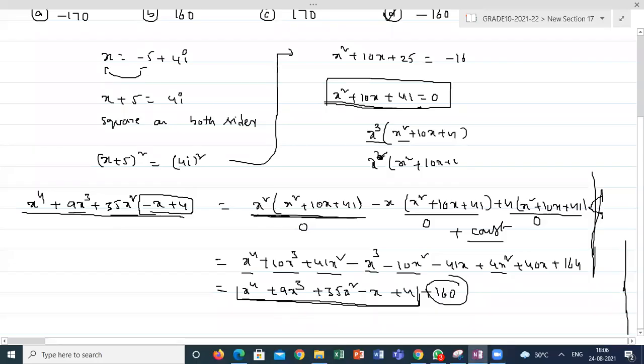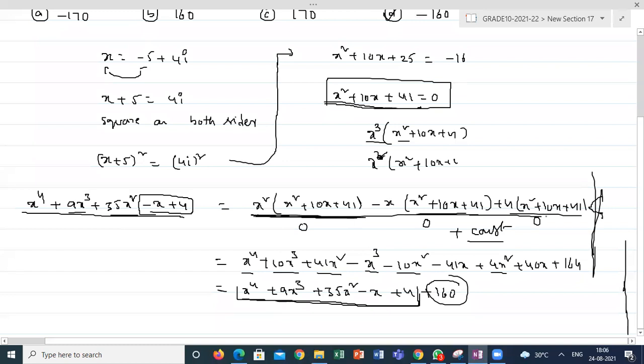Sir, can you tell how the whole expression becomes 0? No, this value you already found is 0 now. See here, this can be written like this.